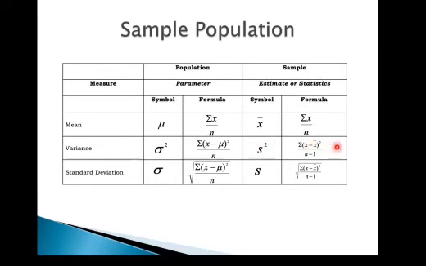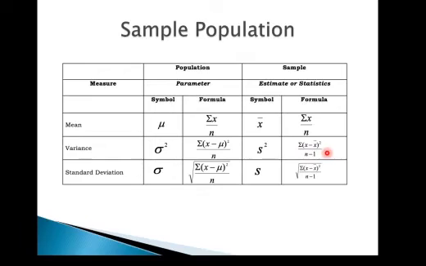The formula is, look at the numerator, the sum of x minus x bar, no longer x minus mu, and then squared. So the sum of the squared deviations from x bar. And look at the denominator: n less 1.